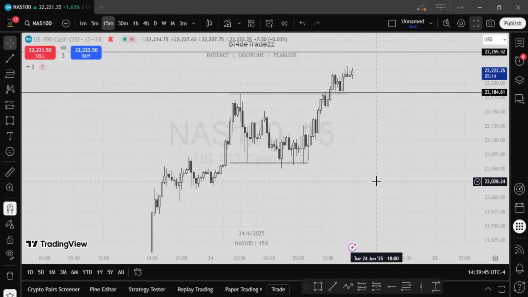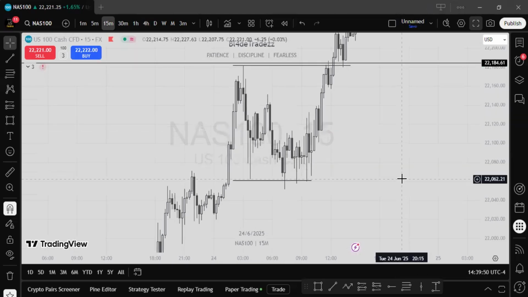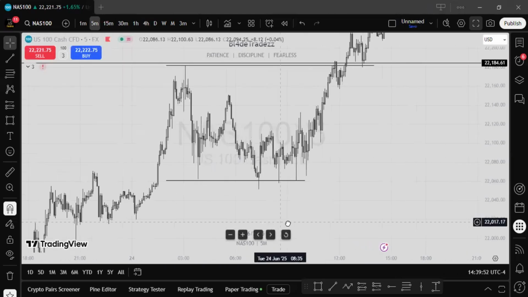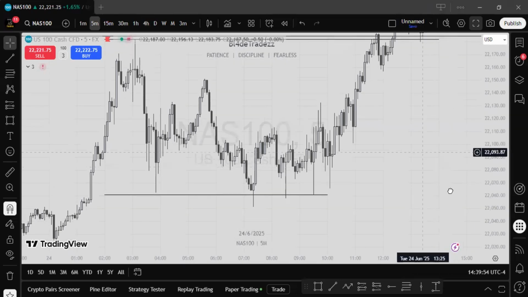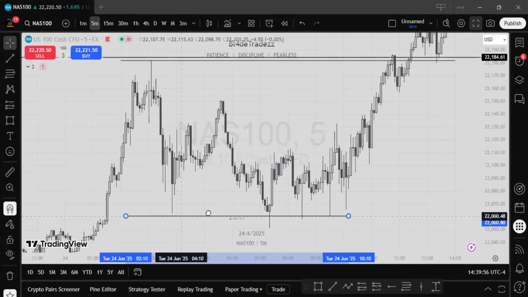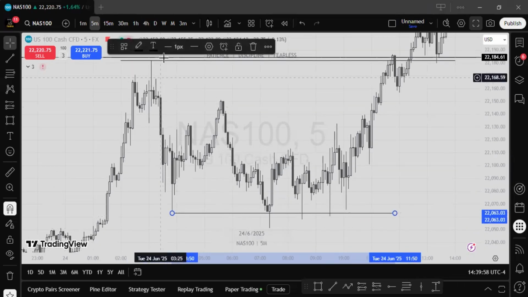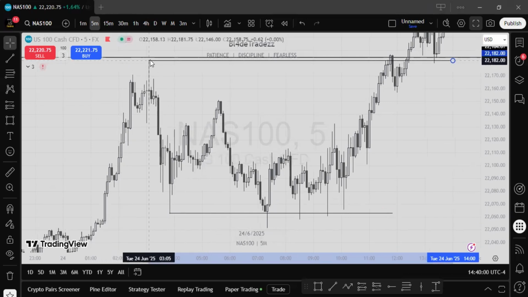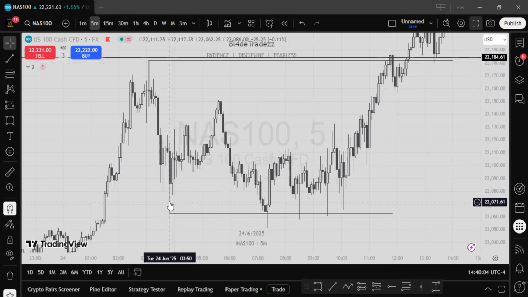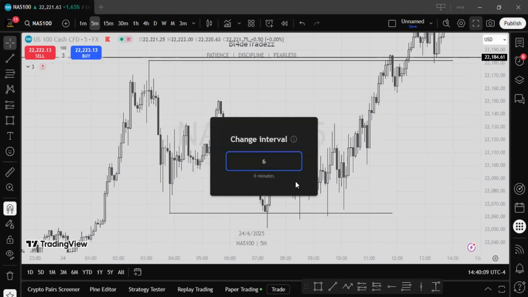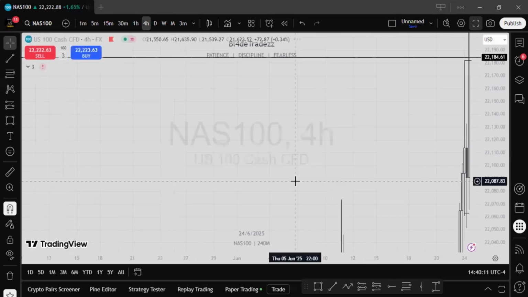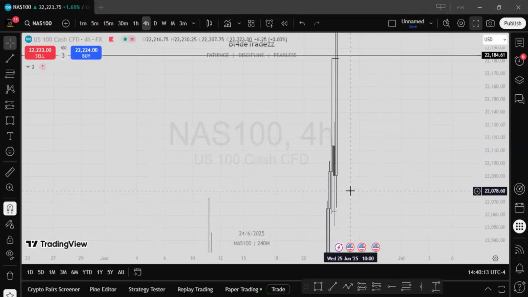So let's scale down to the lower time frame and see what was going on in that week. If you look at this, this is that range from this 6 a.m. candle here.